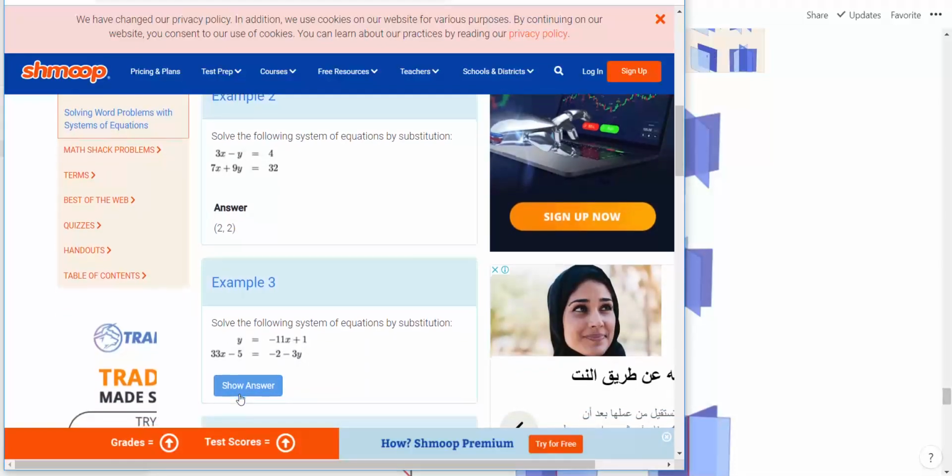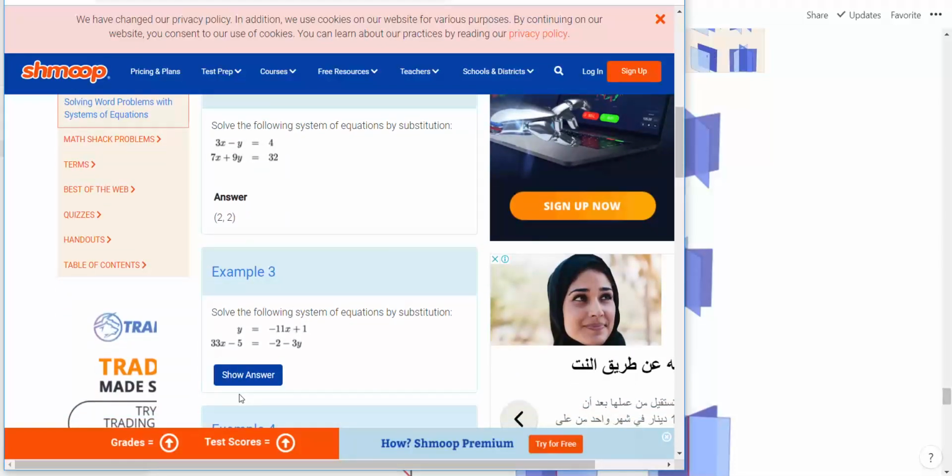Should be rather straightforward. We got y equals negative 11x plus 1. Then we have 33x minus 5 equals minus 2 minus 3y. Okay, so we have our y. First of all, let's try to minimize the second equation. So we have 33x equals, 5 goes to the other side, that's plus 5, minus 2, that's plus 3, so 3 minus 3y.